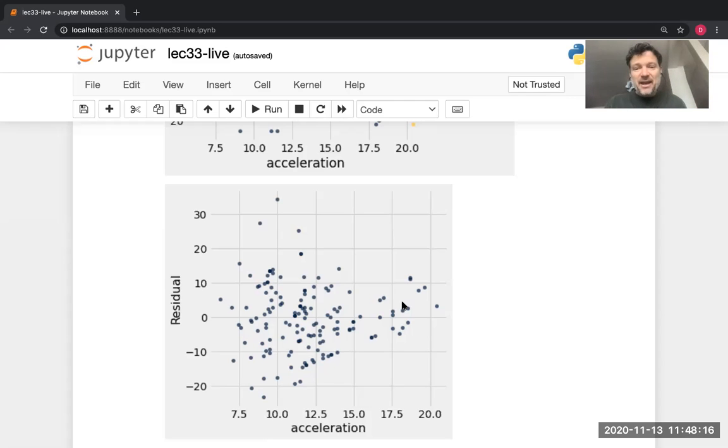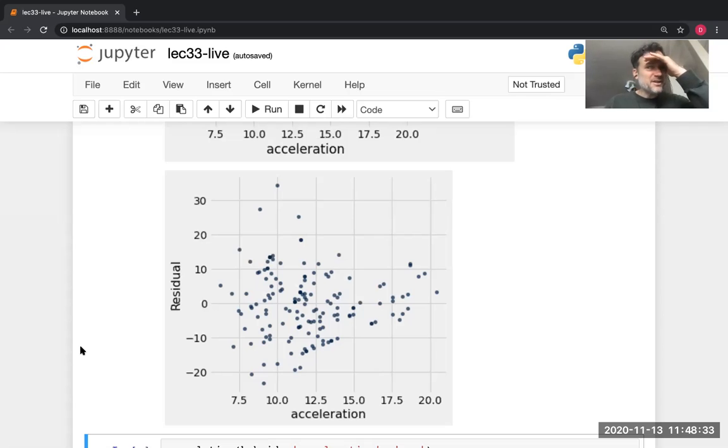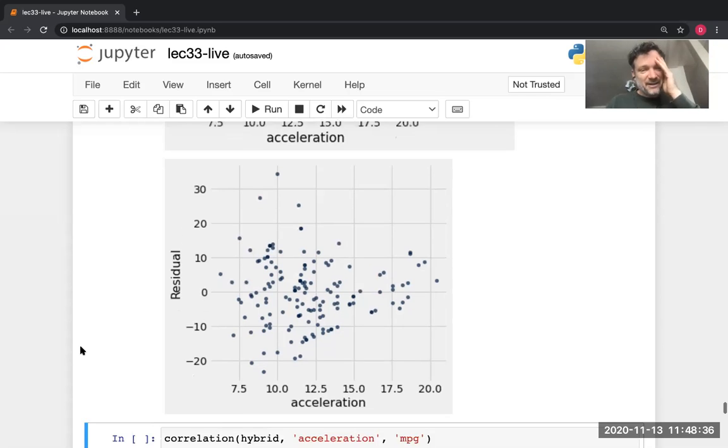And that's an indicator it's not a patternless blob. So that's an indicator there are some issues. This is a little bit of a red flag warning, just as a side note. If you care, it's called heteroscedasticity. You don't need to know that for this course. So that's a little bit of a potential caveat. But we're going to go ahead and use the linear regression anyway, despite the caveat.